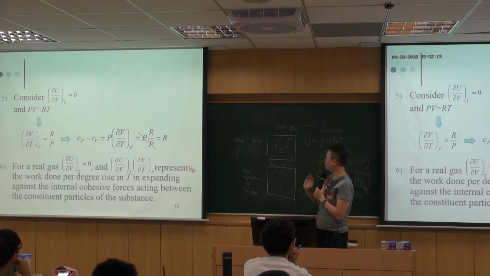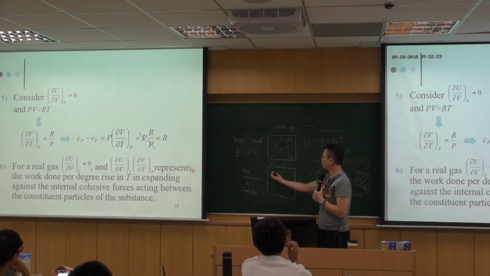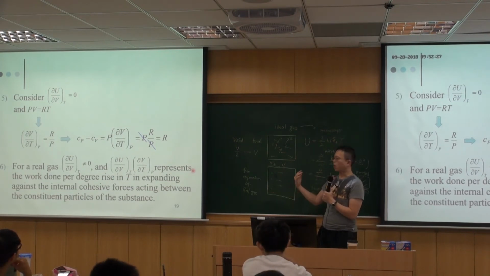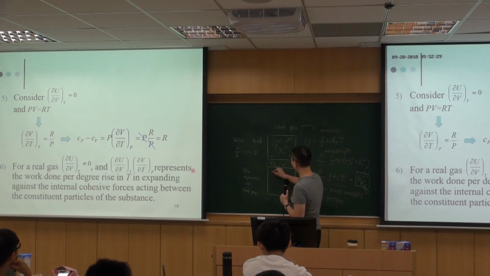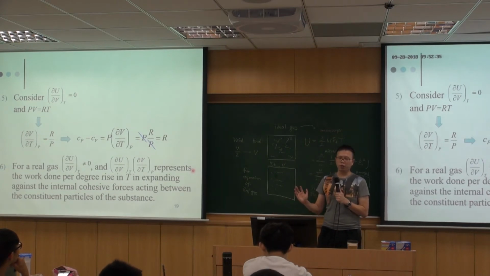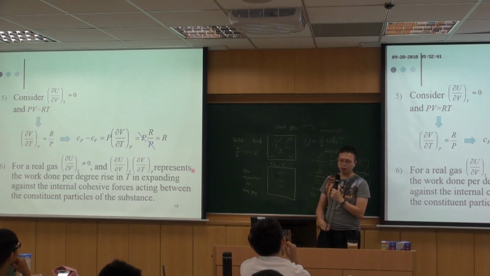Because once we remove this, we don't have to spend any energy, and these particles will just spontaneously move to the other side. And eventually, the particles will be all around this container. So it means that we don't have to spend any work. Therefore, partial U, partial V at constant temperature is 0.